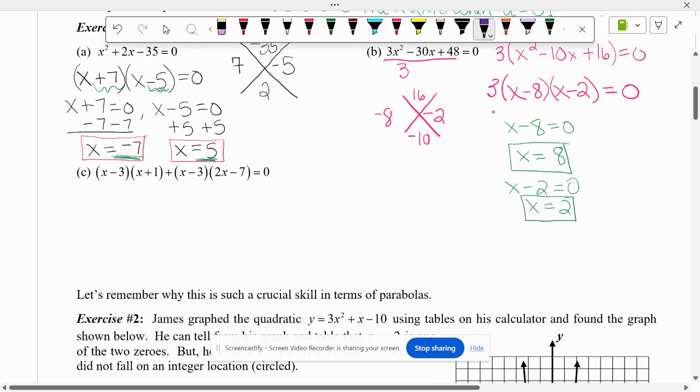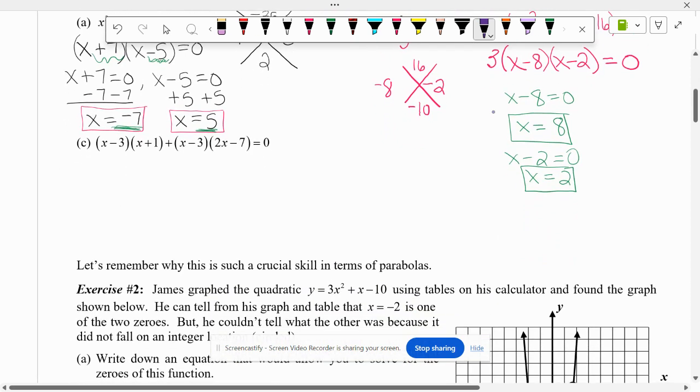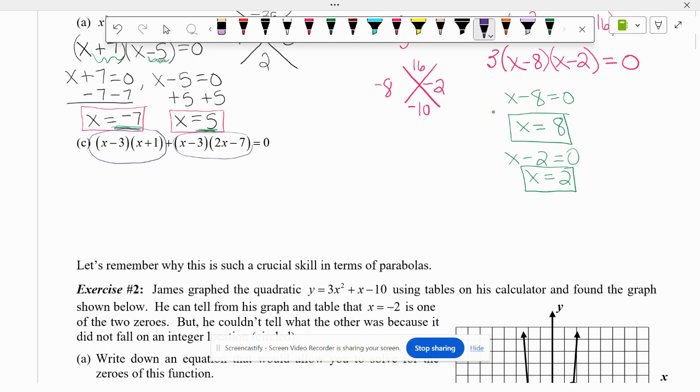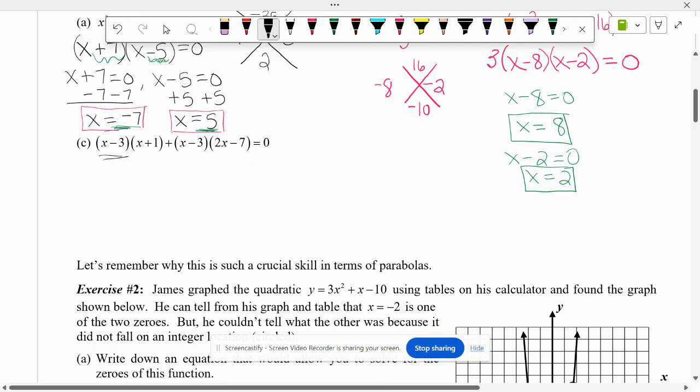All right, for this next example, I know it looks a little crazy, but I want you to think of this as one term and one term, or like one polynomial plus another polynomial. So I hope that you can see that each one of those polynomials contains a factor of x minus 3.